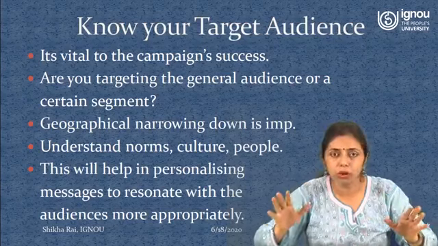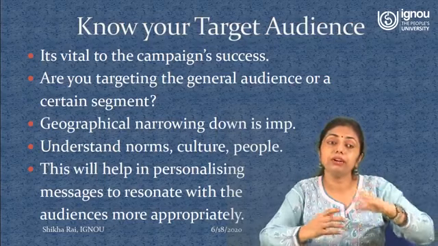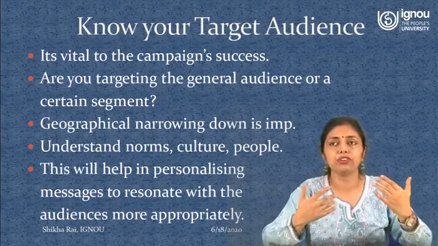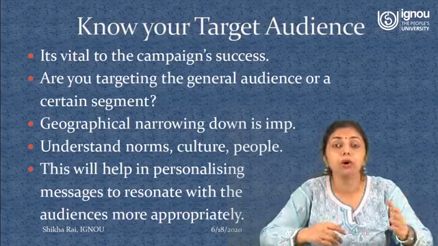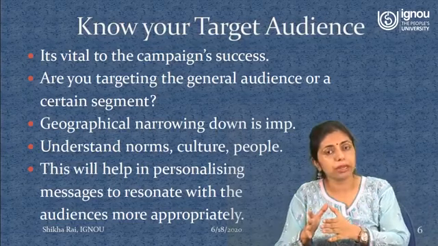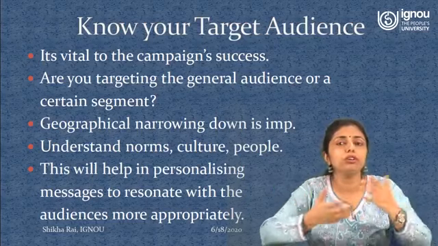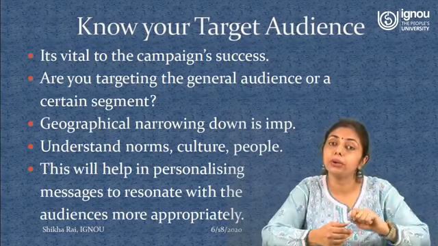Salaried people are there in all sorts of towns. But nevertheless, the kind of characteristics they will show, the kind of purchase decisions they will make, the kind of media behavior they will display, or the kind of media habits they will have, will be different from one geographical area and one kind of demography to another. So ideally, that geographical narrowing down is important.